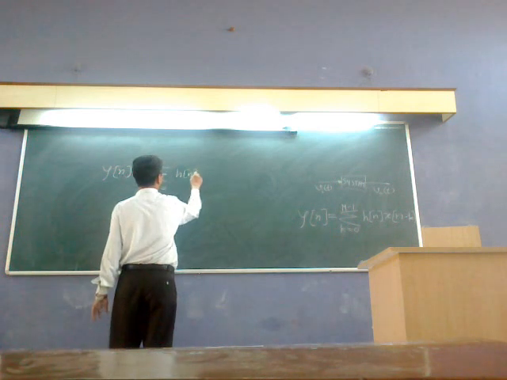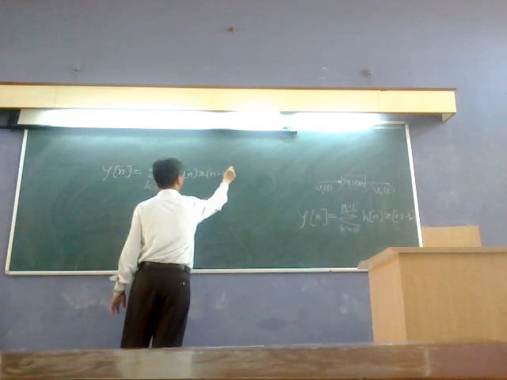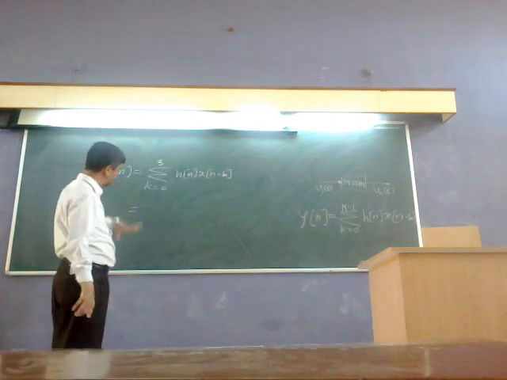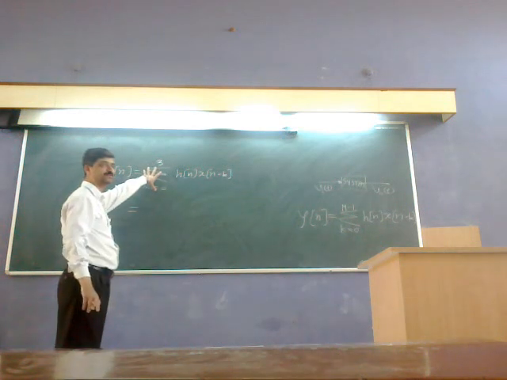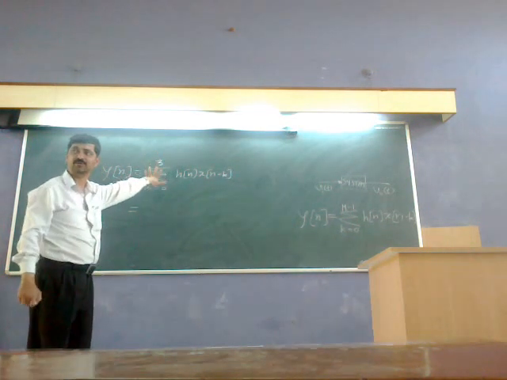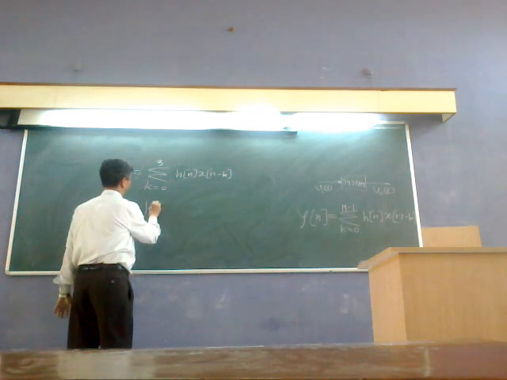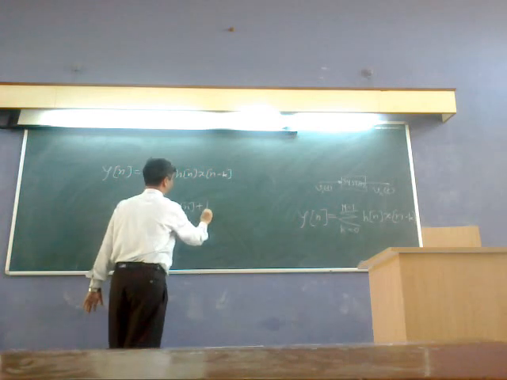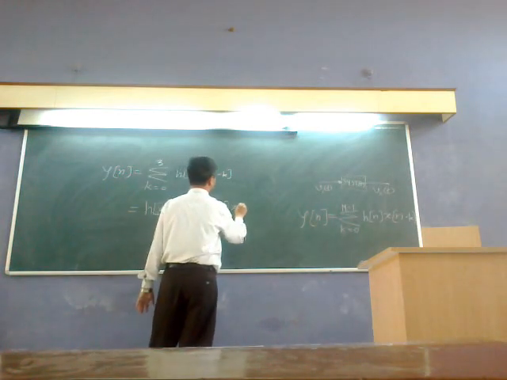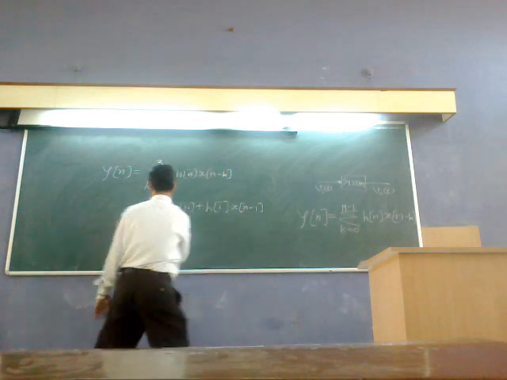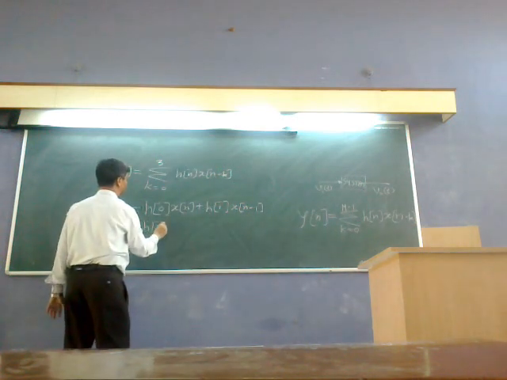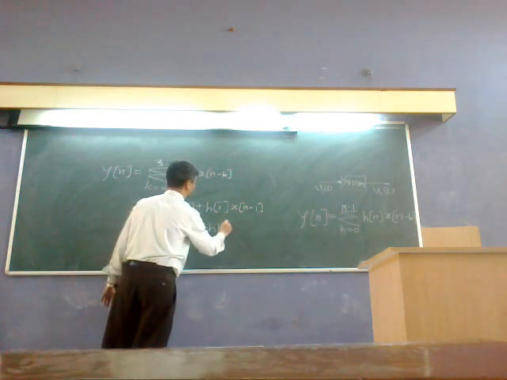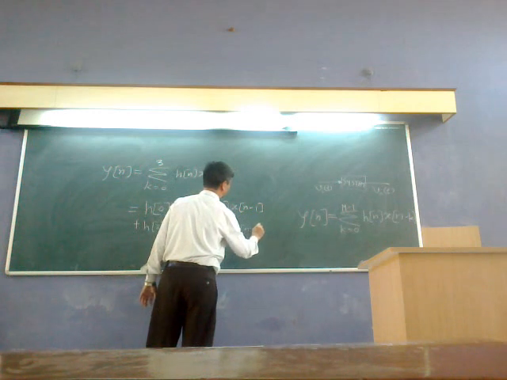h[k] x[n minus k] means what? I can write in separate terms, because I am having a phobia about the symbols, which we want to get rid of. So h[0] x[n] plus h[1] x[n minus 1] plus h[2] x[n minus 2] plus h[3] x[n minus 3].